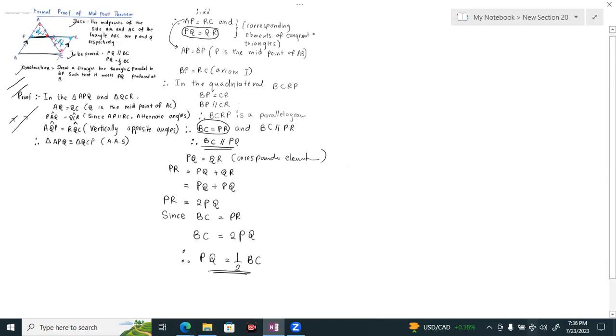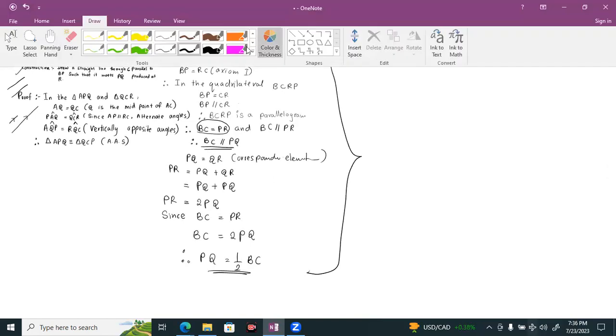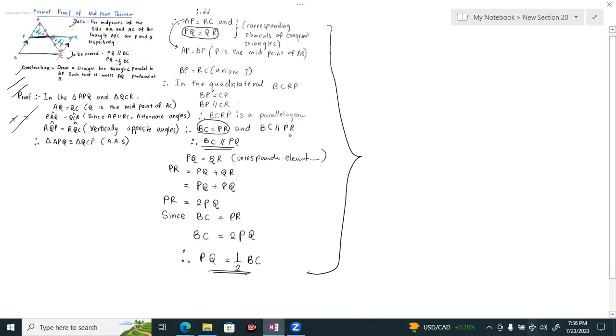Okay. Actually here when you do the proof, what you have to remember is I can divide this into some parts here.